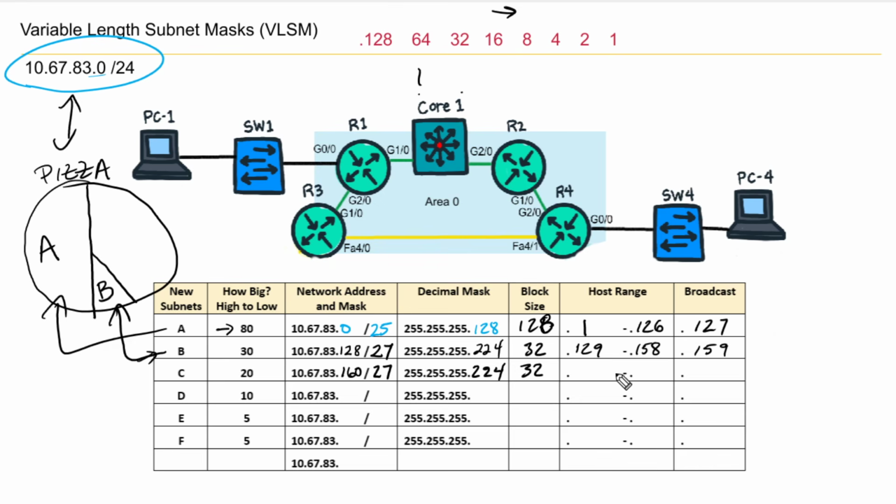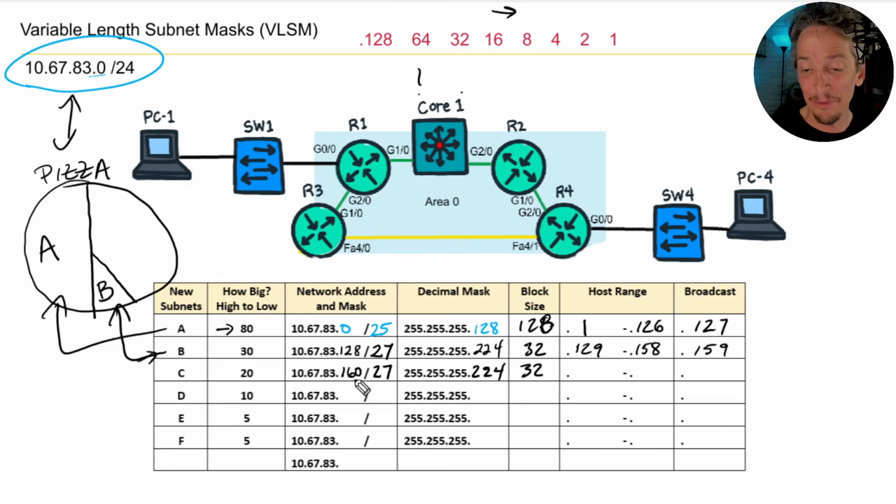And then our host range would be, if we take a look at it, the subnet, which is 160. So you and I could talk to each other and say, hey, this is subnet 160 in slang. Or long term, we could say, hey, it's network 10.67.83.160. But if you're working on a network for many months or years, sometimes you might refer to those networks by the last part that is unique.